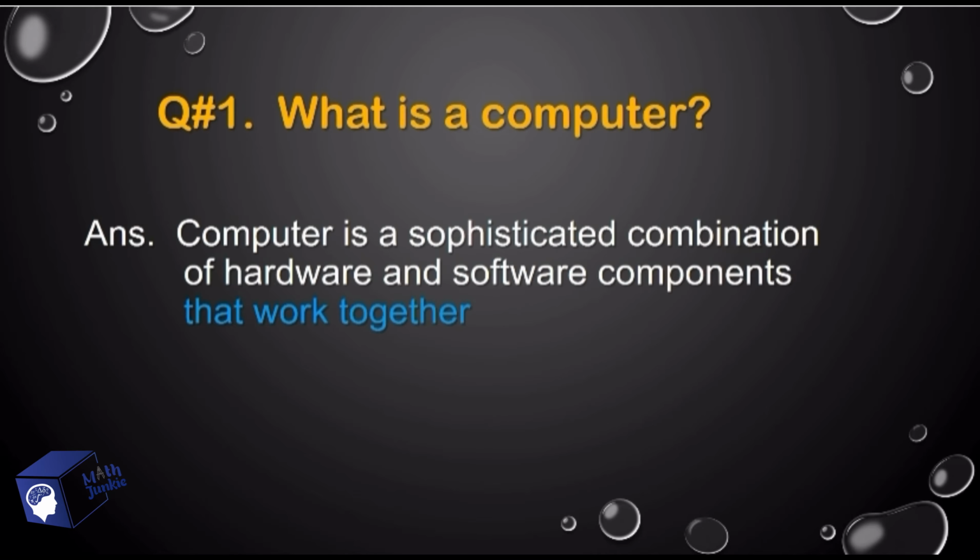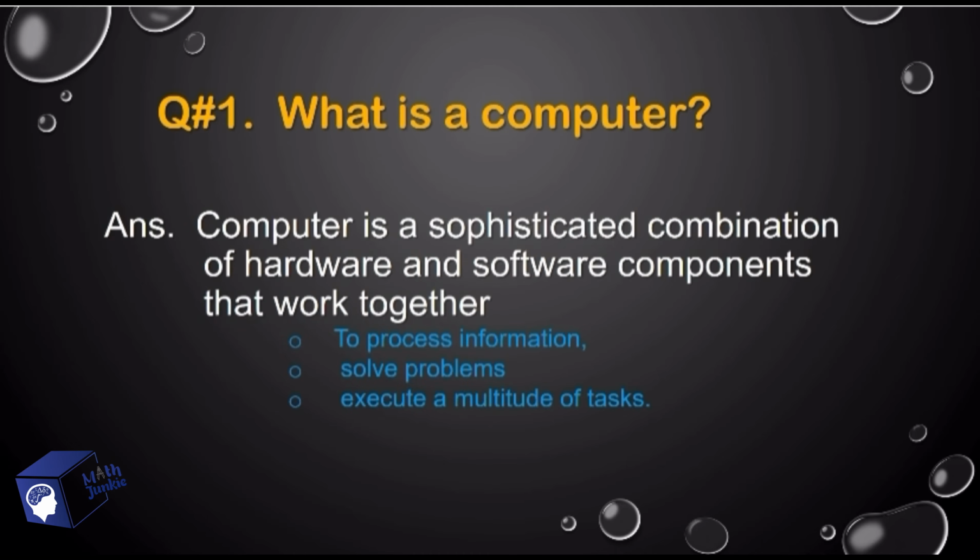First thing you have to memorize, it's a sophisticated combination of hardware and software. The second part is they work together. Now the question arises, why they work together? So they work together to process information, to solve different problems, and to execute a multitude of tasks. Multitude means multiple tasks, lots of tasks, a large number of tasks.